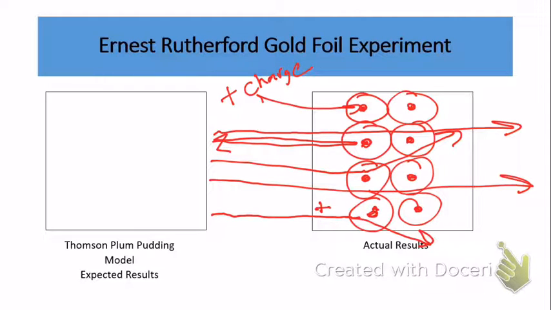All right? Essentially, what the gold foil experiment does is discover the nucleus of the atom. And not only discovers the nucleus of the atom, but it discovers that the nucleus contains all the positive charge that is found in the atom that offsets the electron.